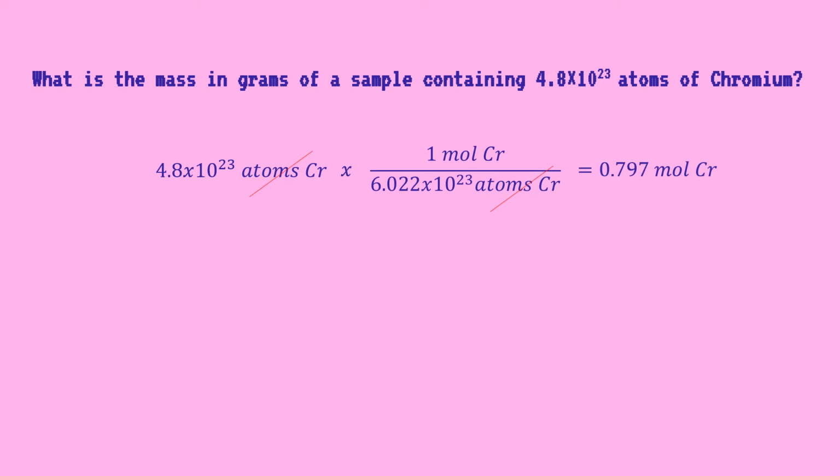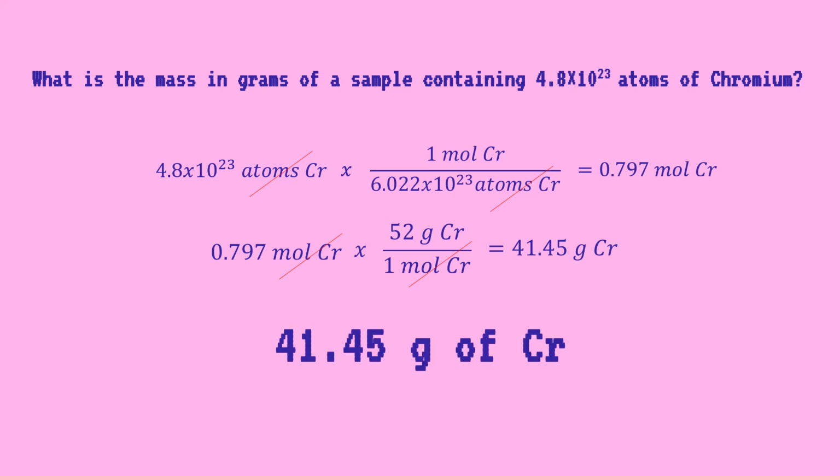Then, the moles of chromium, we multiply it by the molar mass, and the molar mass of chromium is 52 grams. And in 1 mole of chromium, we can find 52 grams of chromium. So then we can cancel the unit mole, and what we're left with is grams of chromium. So the final answer is 41.45 grams of chromium.